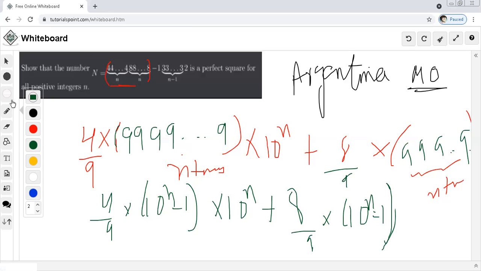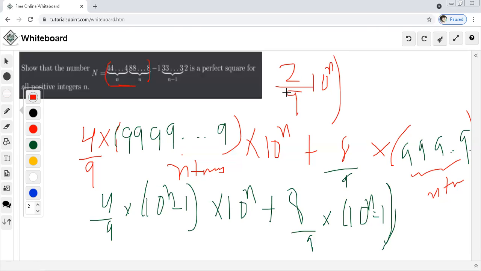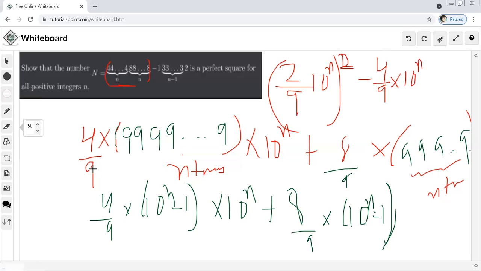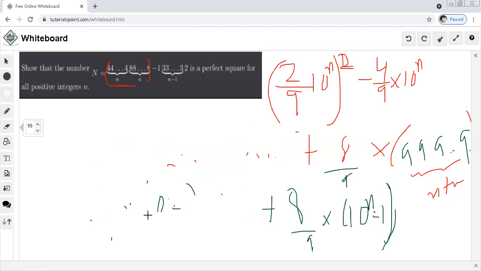Let me write it somewhere. So this is actually (2 over 3 times 10 to the power n) whole square, or 4 by 9 times 10 to the power 2n, then plus 4 by 9 times 10 to the power n minus 8 by 9. Now we wrote this term.